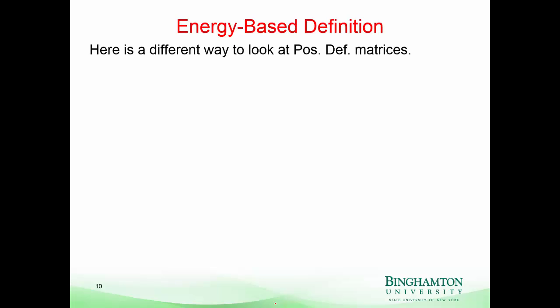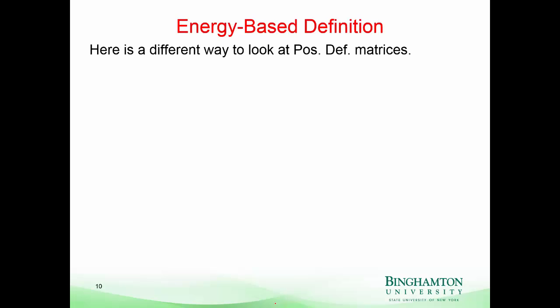Okay, so let's set all that aside and we're going to look at a whole new way of defining positive definite matrices. And this really is the fundamental way. We often have multiple ways of getting to an idea, especially when two different things imply each other.